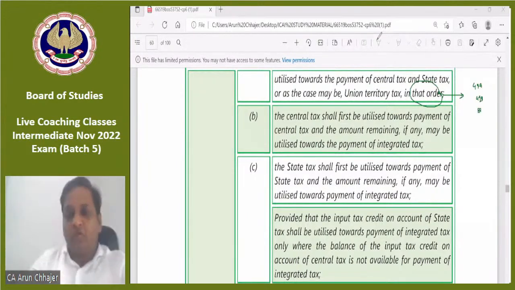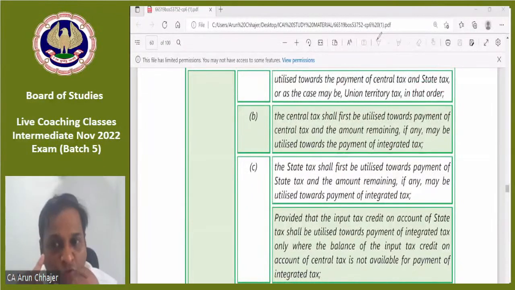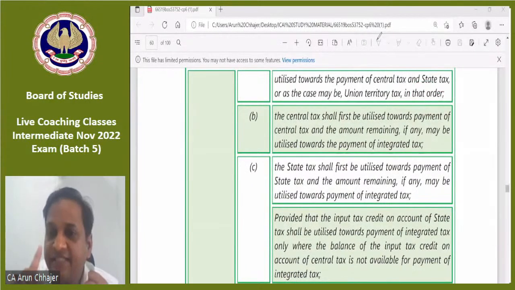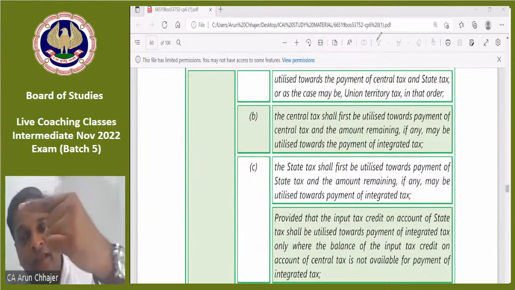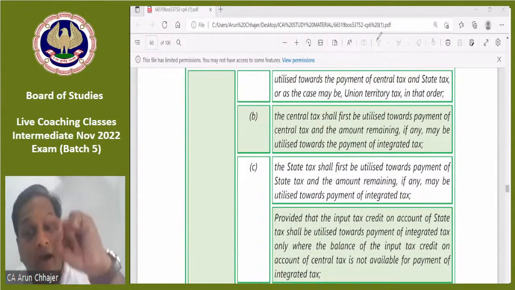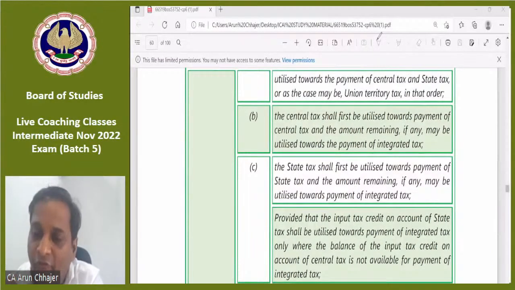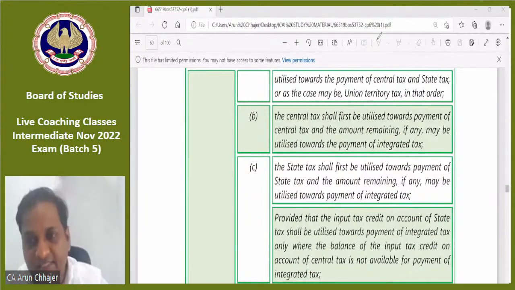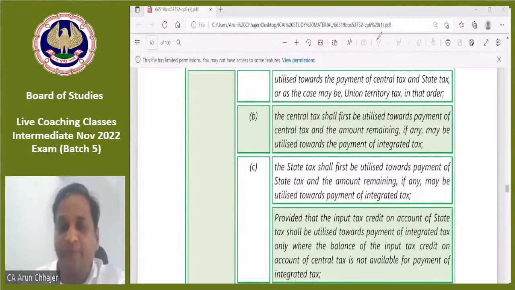What we have understood till now is that the ITC under IGST will go first to the IGST tax liability. If there is excess balance, it will go to CGST and SGST. Earlier there was a sequence; now the sequence has been changed. Where it has been written, we'll discuss in some time. For the time being, keep it on hold.